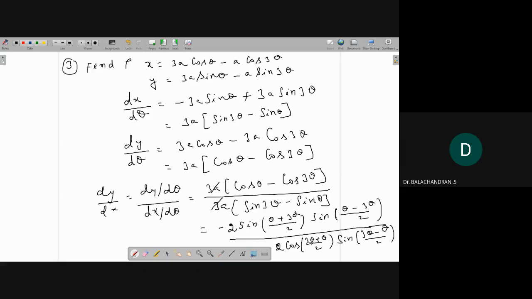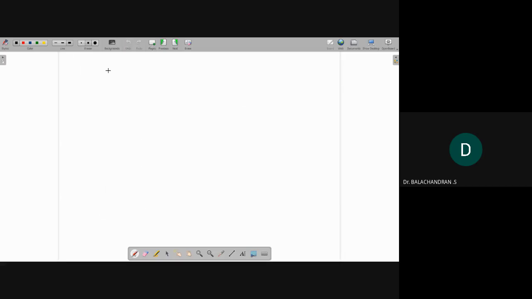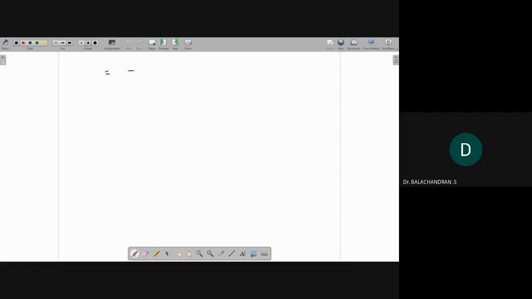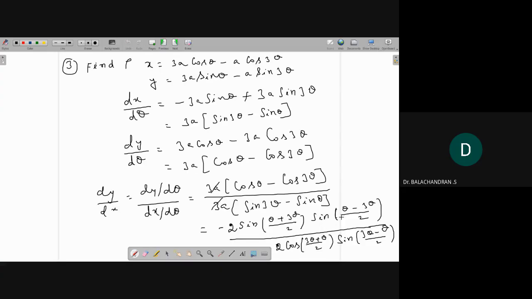So if you simplify, the next step I will write, 2 gets cancelled. We'll get minus sine 2 theta, and this is sine of minus theta.